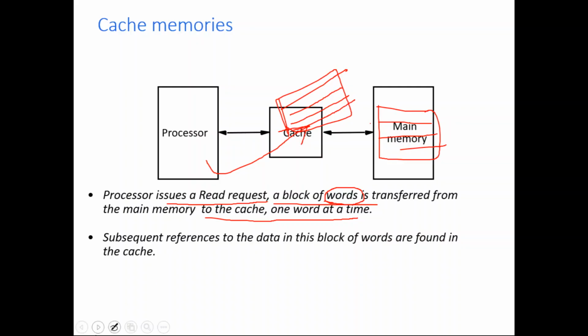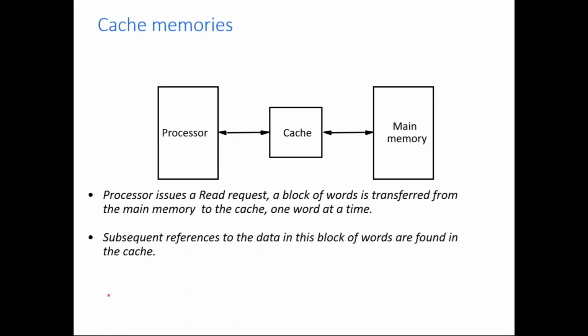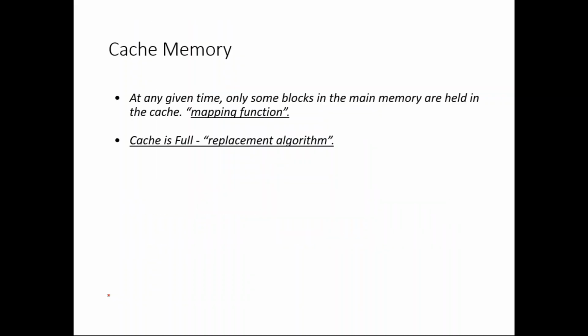So this is the reason why a block of words is transferred from the memory to cache, even though the processor requests only a particular word. Again it comes under the principle of locality of reference. Here it is spatial locality of reference, right?